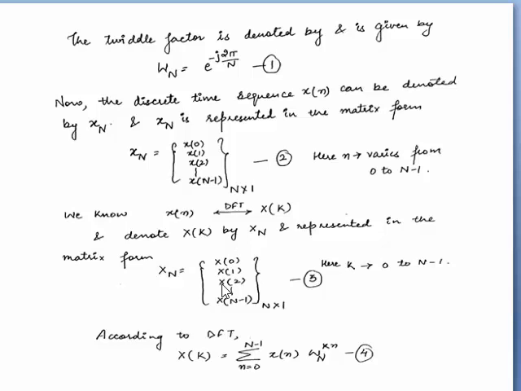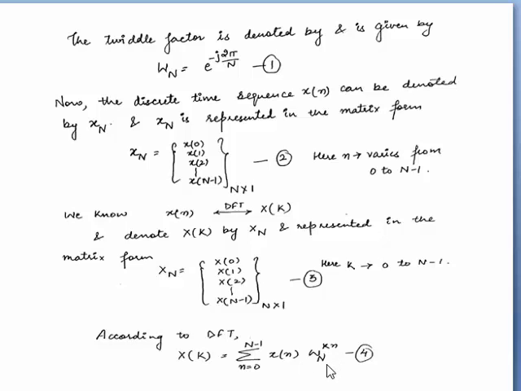Now according to DFT we know X of k is equal to summation n from 0 to N minus 1 of x of n times the twiddle factor raised to power k into n. That is equation number 4. In this equation we have represented X of k in matrix form, and x of n is also represented in matrix form.